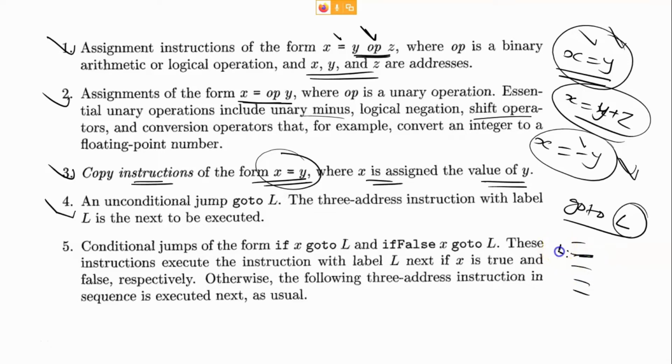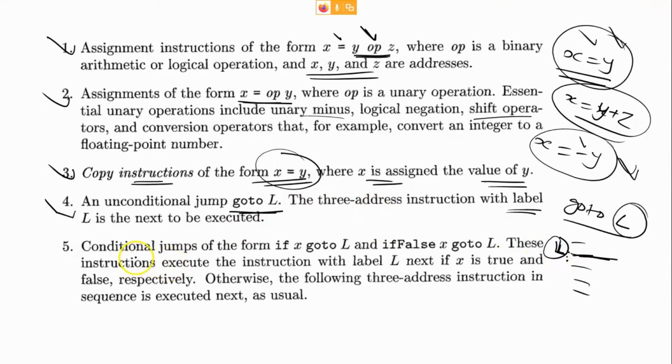Of course it depends on the implementation whether you use a label or some pointer. Here we will use the label. So goto L means unconditionally go directly to the instruction which has the label L.